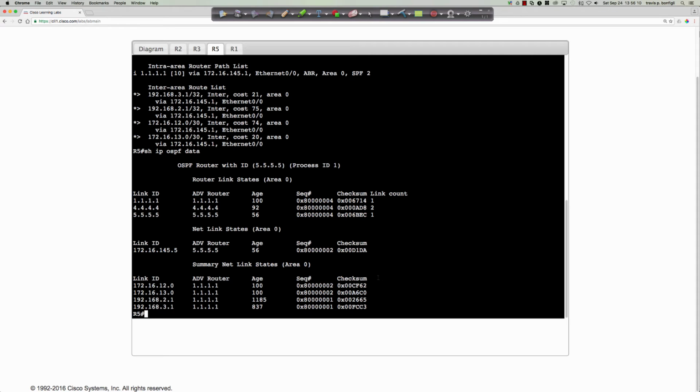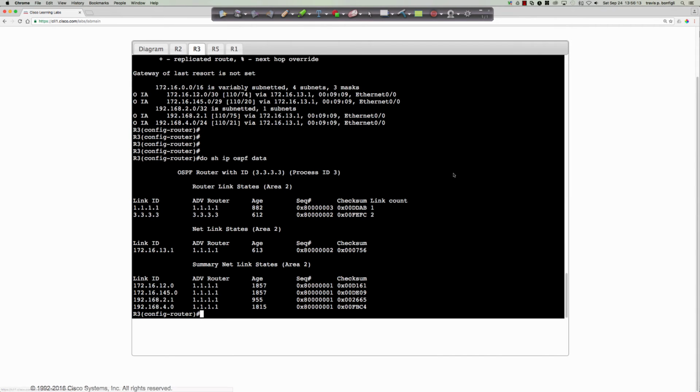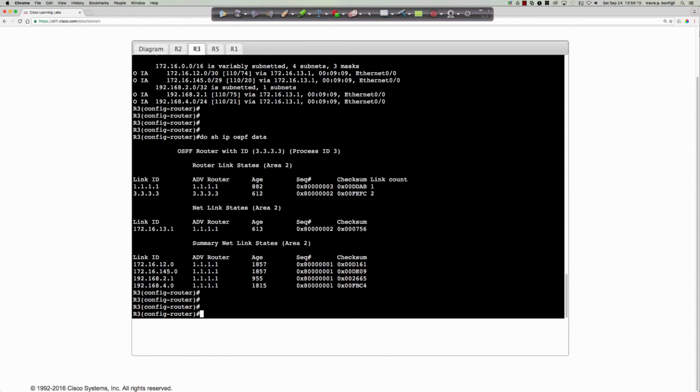So now let's go on to router 3 here, and we're going to kick off a debug. This is where we're going to see that when we talk about the election process between the DR and the BDR, the way it works is that the BDR is actually elected first.